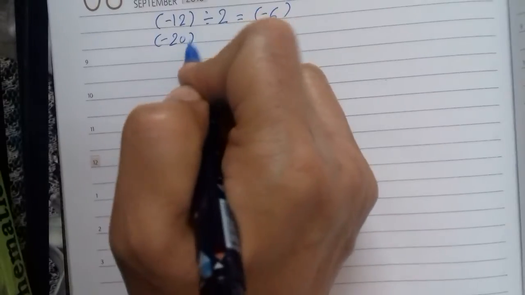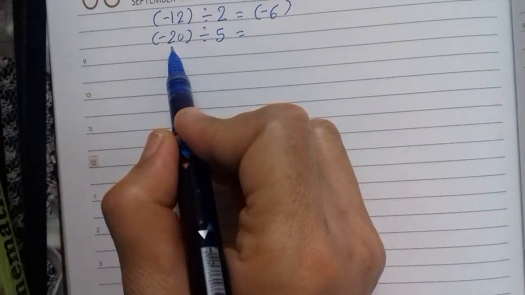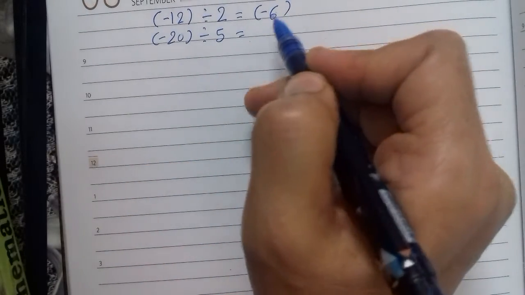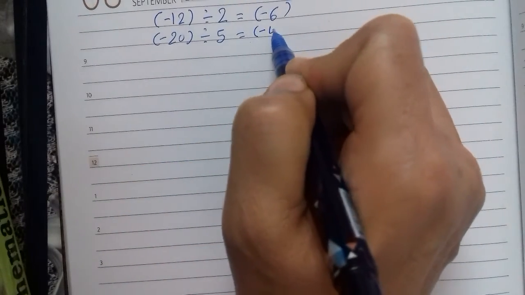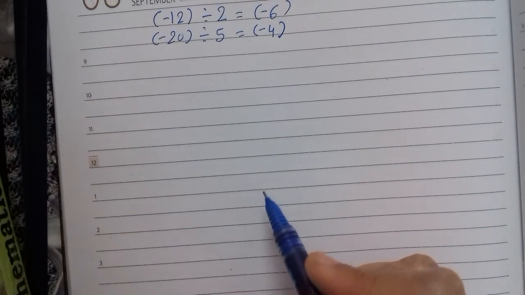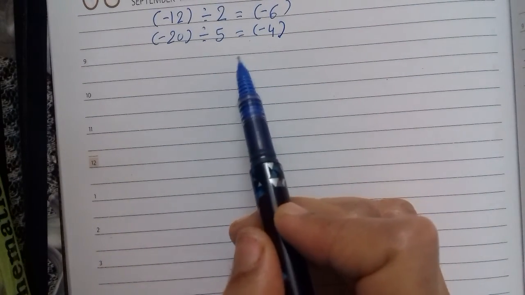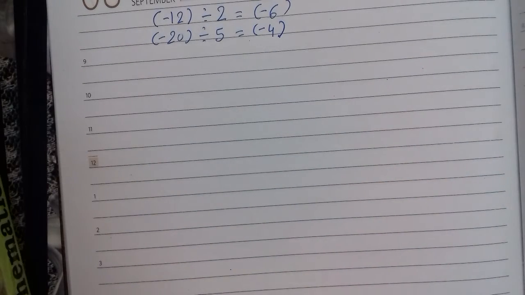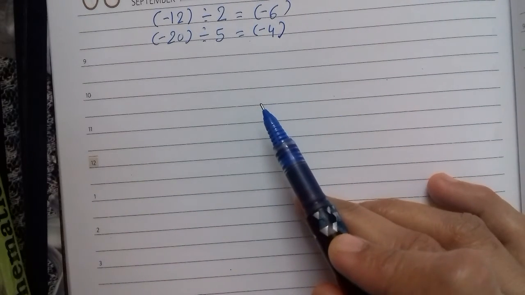Minus 20 divided by 5. Here is also one negative integer and one positive integer, and the result is minus 4. You know that division is the inverse operation of multiplication.